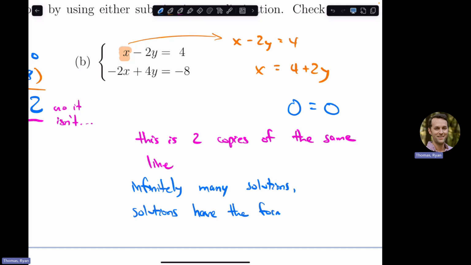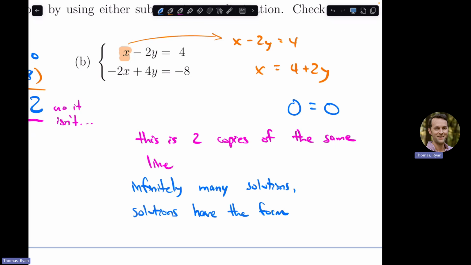So there are infinitely many solutions, and because these are lines, x and y independently can be any real number, right? Like there's a solution where x is 1 or where x is negative 300 or whatever. There's a solution where y is 5 or whatever. But once you choose one of them, the other one is determined, in order to sit on that line.